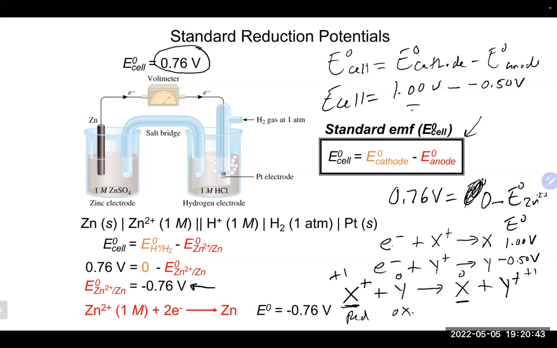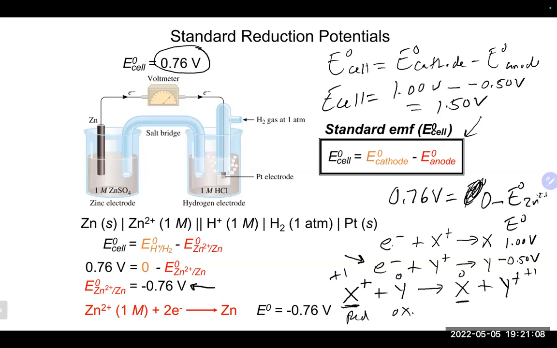And that would give me 1.5 volts for my example. Technically speaking, when you have an E value that's written for an equation, it is supposed to be written exactly how that equation is. But the value that we're using here is actually a reduction reaction. We actually want the oxidation reaction for Y.